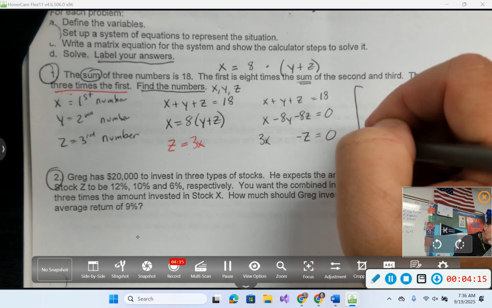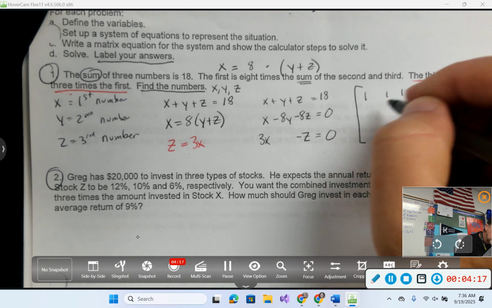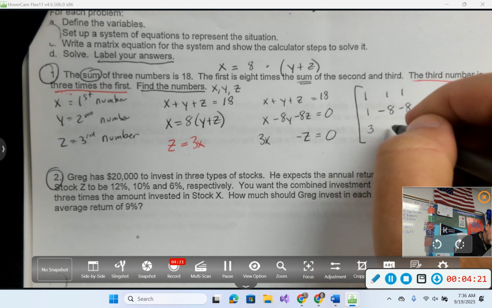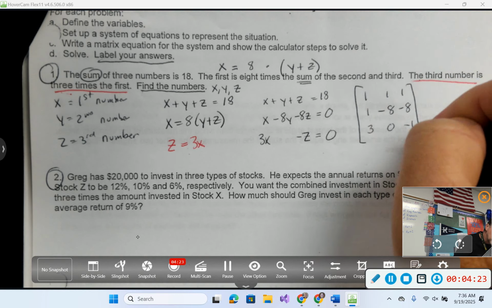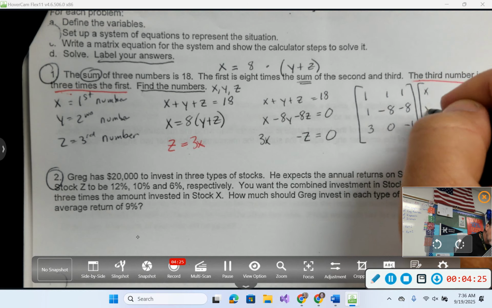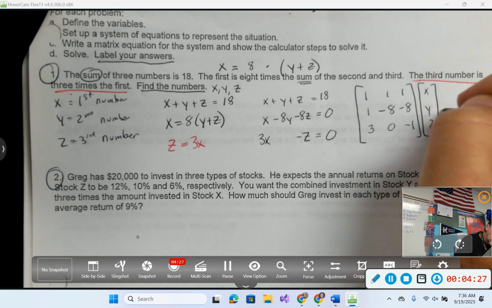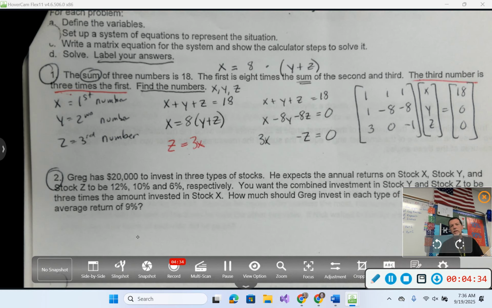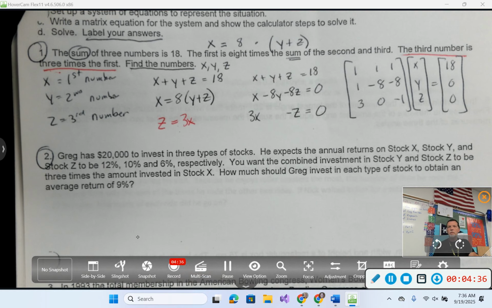The matrix equation then would be 1, 1, 1, 1, negative 8, negative 8, 3, 0, negative 1. And then we could go to the calculator and see what we got.